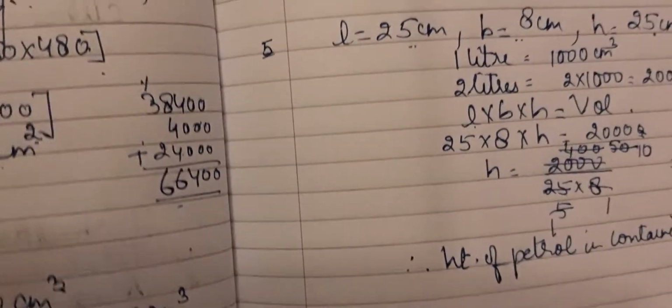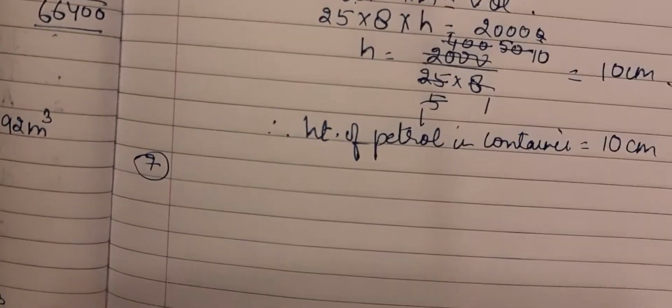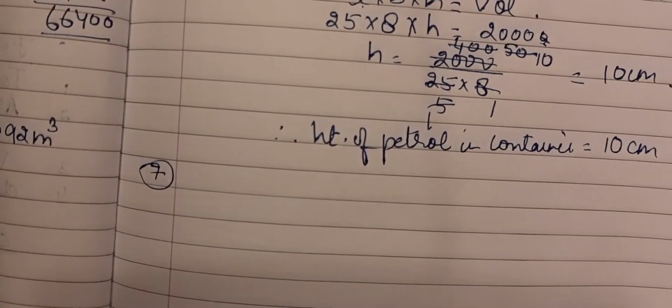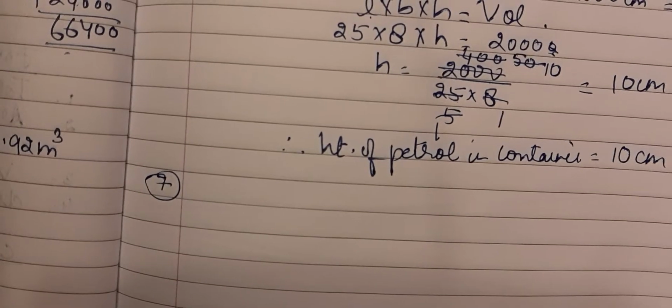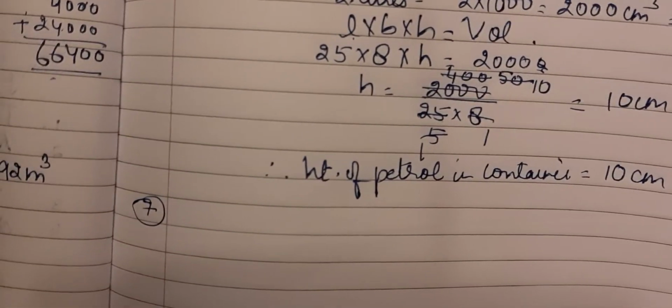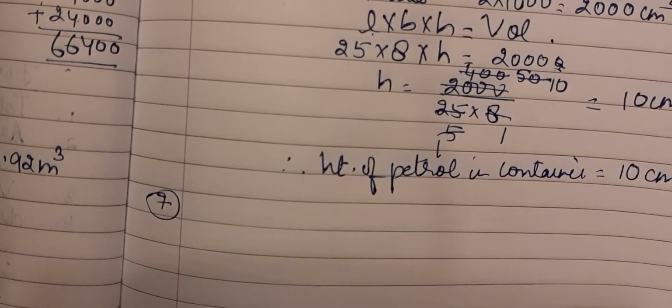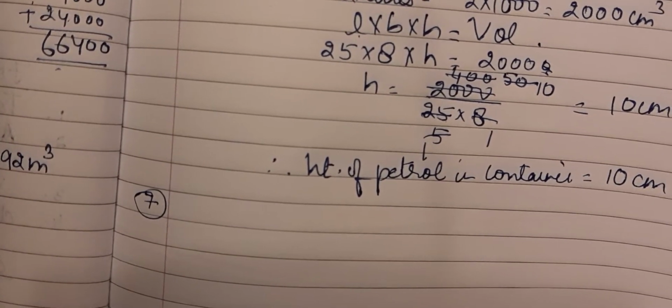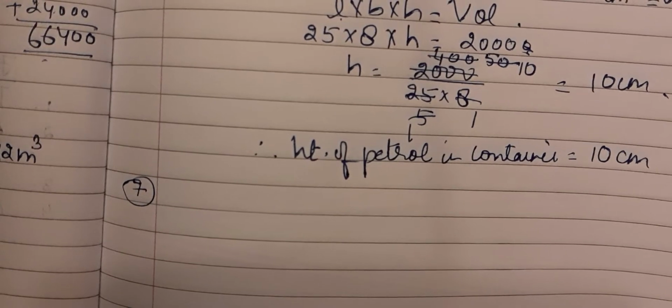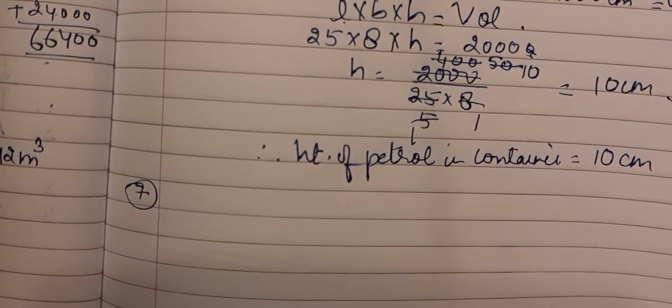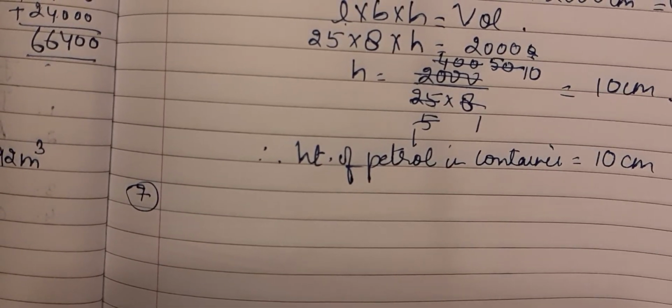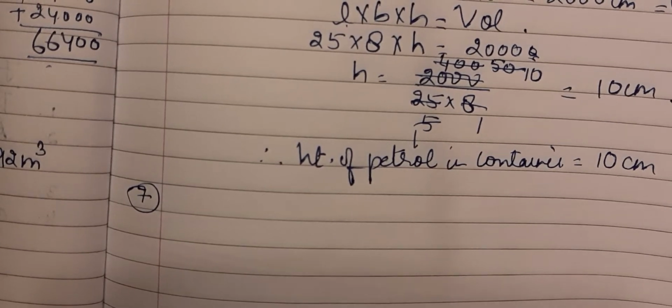Now after the fifth question I am taking up your seventh question. The seventh question says, find the number of bricks, each measuring 24 centimeter by 15 centimeter by 8 centimeter, that are needed to build a wall 33 meter long, 48 centimeter wide and 2.8 meter high.